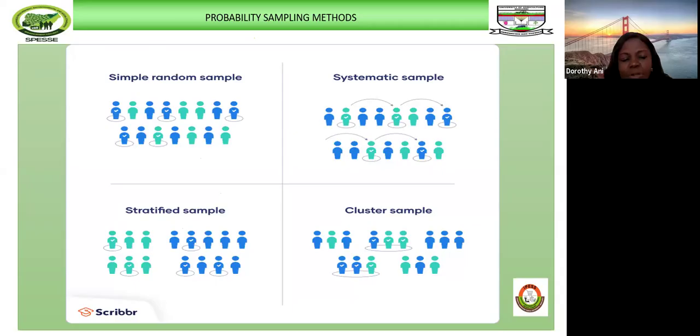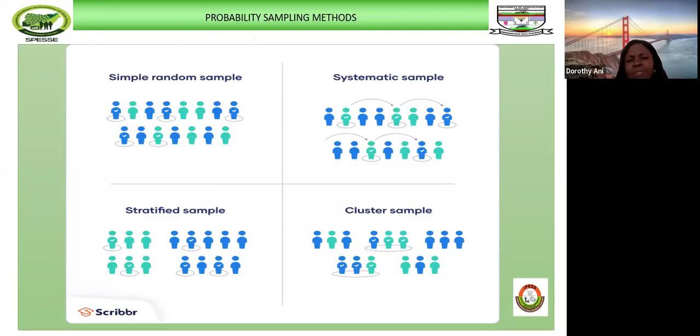The non-probability one has sampling error, so you cannot really use it to generalize about the whole population. But the probability one is more representative of the population. So that is what we have been saying.